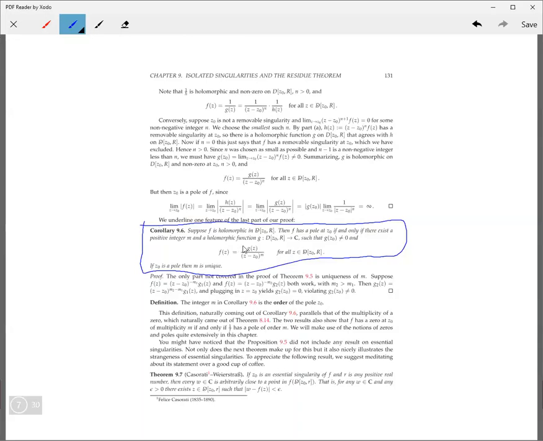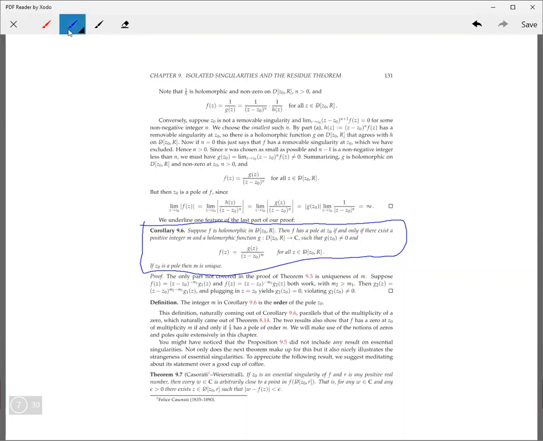Okay, this is a condition for there being a pole at z0. It has a pole at z0 if and only if there exists a positive integer m and a holomorphic function g such that g of z0 is not equal to 0, and f of z is equal to that.